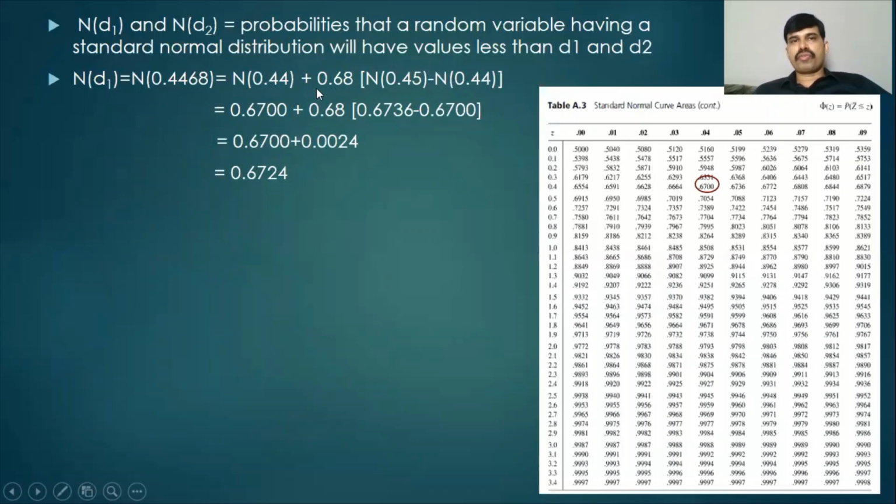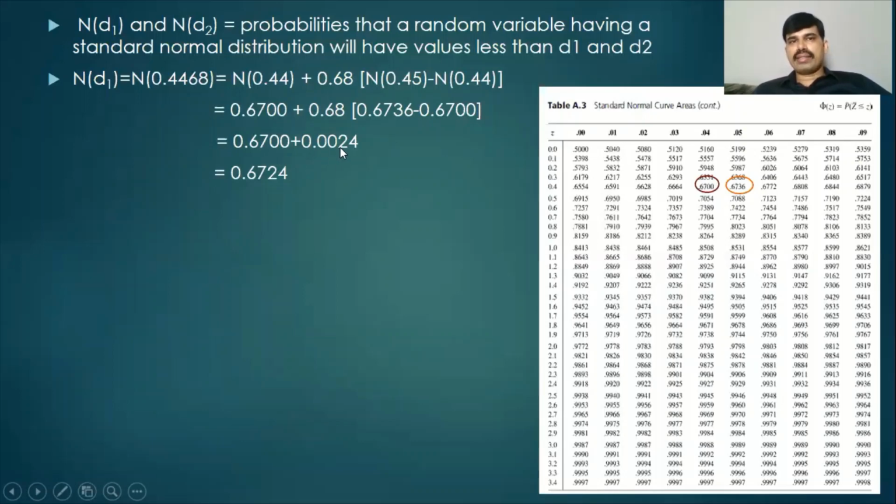For that reason, we consider 0.68 times the difference between the value associated with 0.45, which is 0.6736, and the value associated with 0.44, which is 0.6700. So 0.6736 minus 0.6700, multiplied by 0.68, will give us the value of 0.0024.